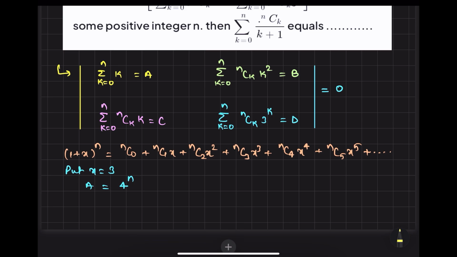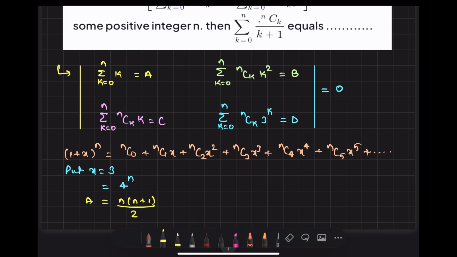So don't you think, sorry, the previous one was d, and this is a. So don't you think that this is the sum of n natural numbers? So n into (n plus 1) by 2. So we got the value of a and we got the value of d. Correct? Now we have to find out the value of c and b.